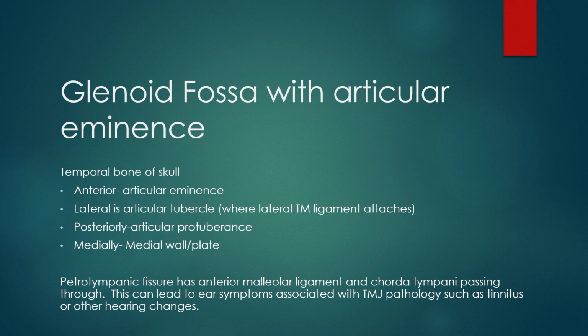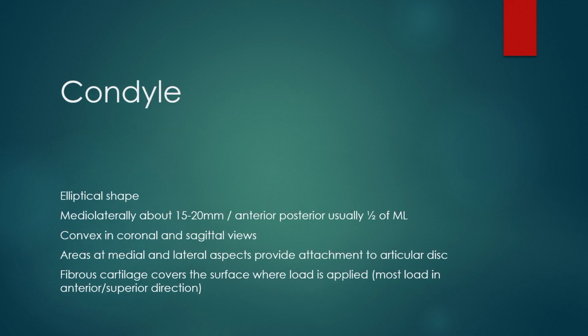There's a little fissure there where the anterior malleolar ligament and chorda tympani pass through. So because there's that little area there, sometimes there can be associated ear symptoms. Now, that does not mean that everybody that has a congested ear feeling or a tinnitus has a TMJ problem, but it can be related in some people.